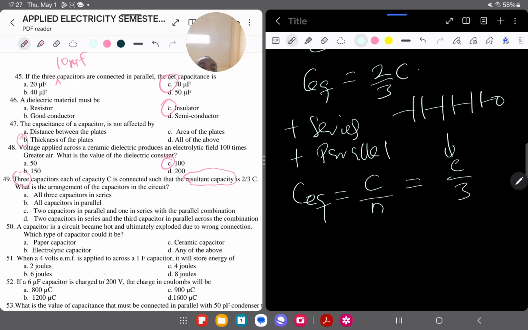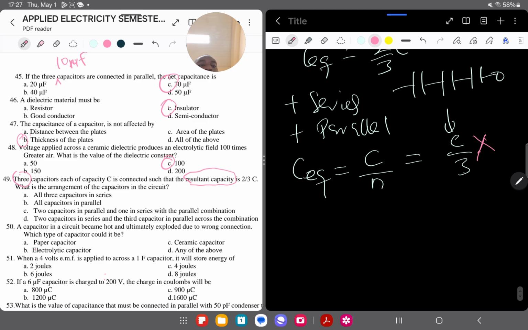You see that it's not the same as the equivalent capacitance we have. So this one is wrong. So we now look at the situation whereby the capacitors are connected in parallel. So let's say you connect them in parallel this way, right?